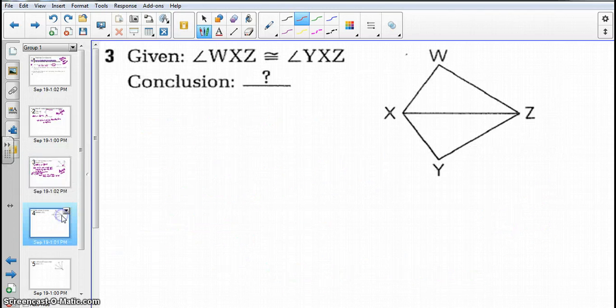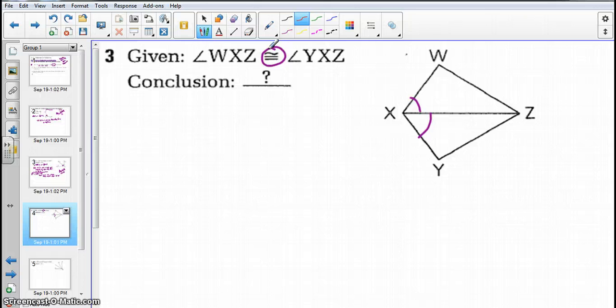Moving on to example number 3. So here we have angle WXZ is congruent to angle YXZ. So again, let's just mark that on our diagram. What conclusion could we draw from that? Again, our key symbol in this case would be congruent. So let's think about some of our definitions that we know.